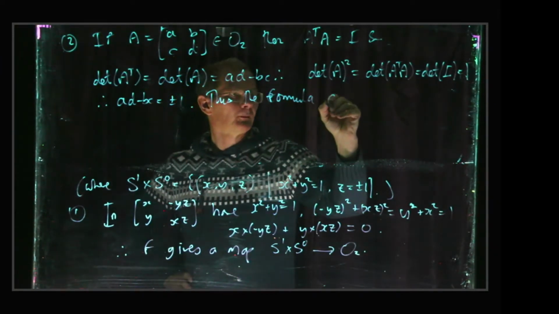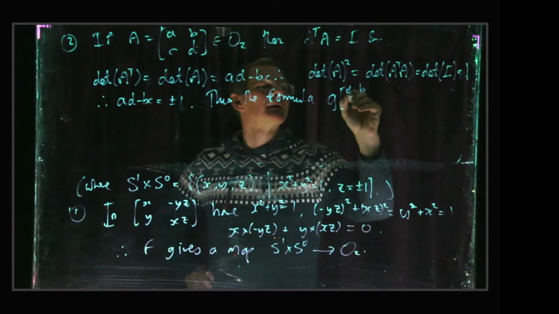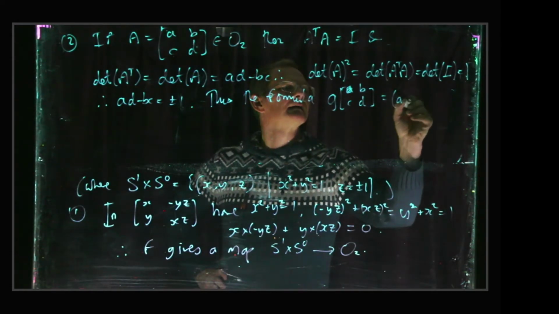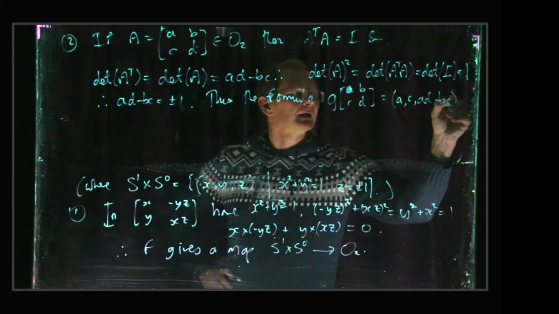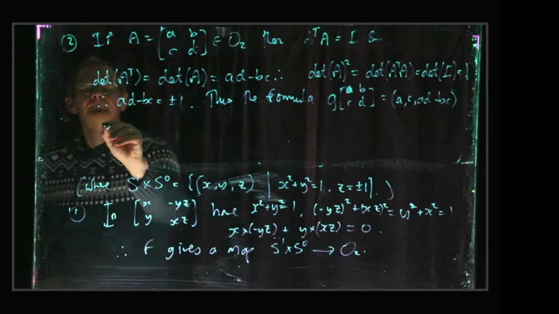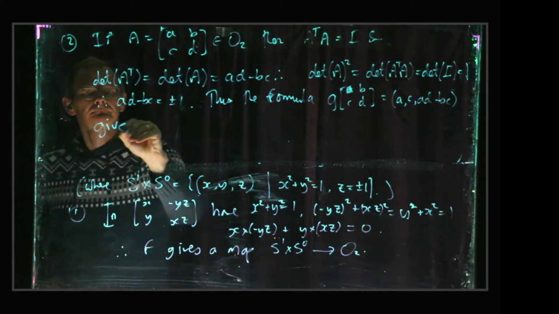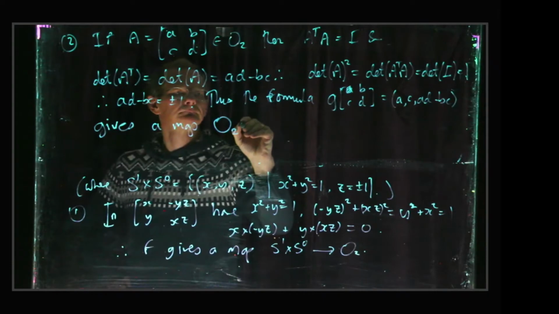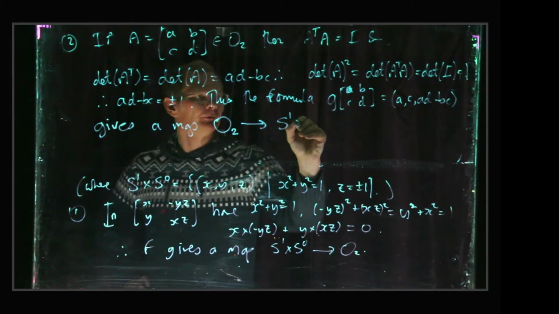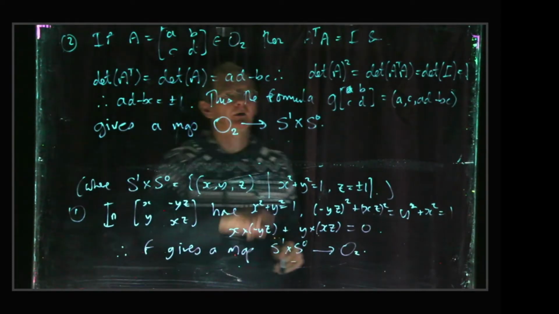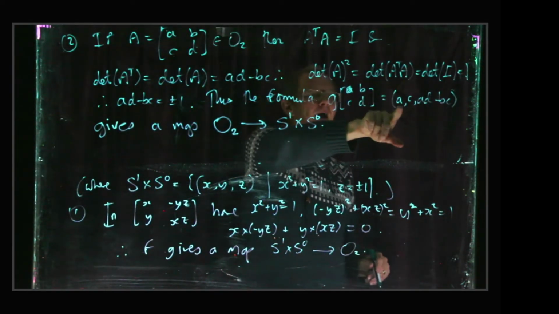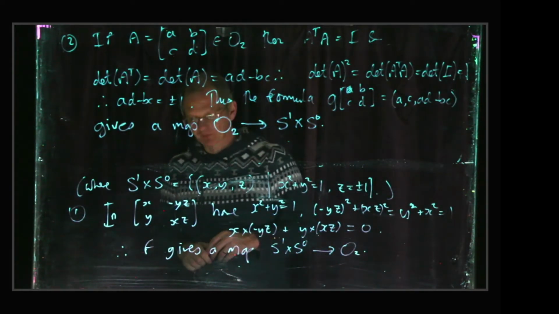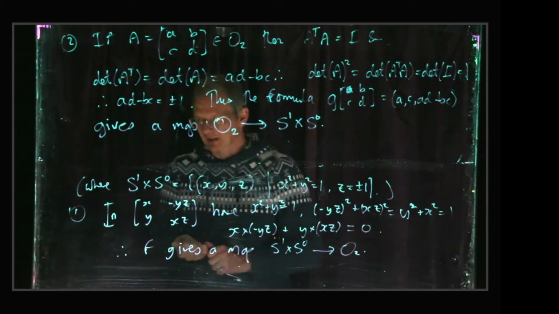So that means this formula G of A, B, C, D equals A, C, AD minus BC gives a map from O2 to S1 cross S0. Because we know that AC is a unit vector, so that gives you a point in S1, and AD minus BC, we've just shown that's equal to plus or minus 1, so we're getting a point in S0.